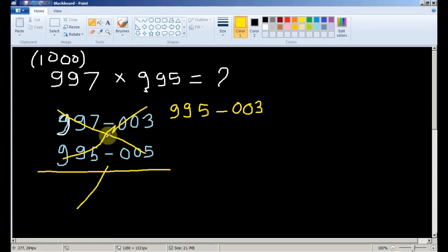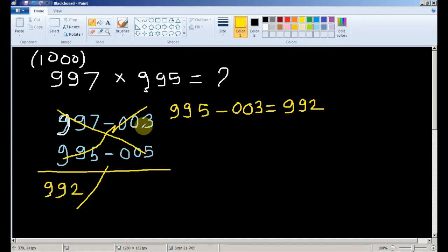If there is a plus here, then you have to add instead of subtracting. We'll see that kind of example next, but for now just subtract and write down the result, which is 99 and 5 minus 3 is 2. So this is your first number, 992, and you can write it down like this.